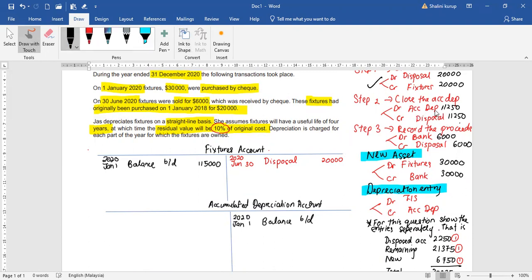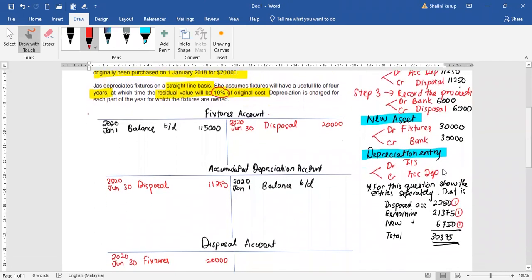Step 2: debit accumulated depreciation and credit disposal. Under the accumulated depreciation, again, make sure you write the date correctly, it's June 30th, and this will be disposal, and the amount will be 11250. Now the next, you have to credit the disposal.